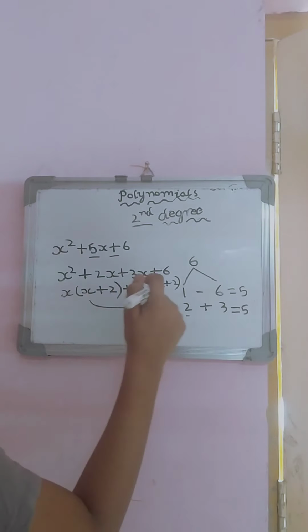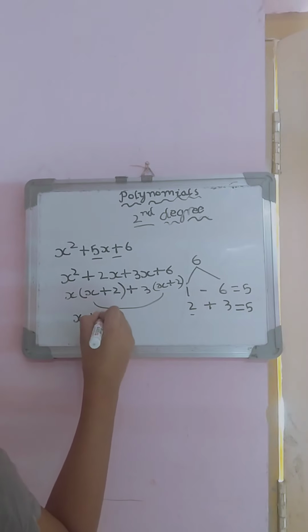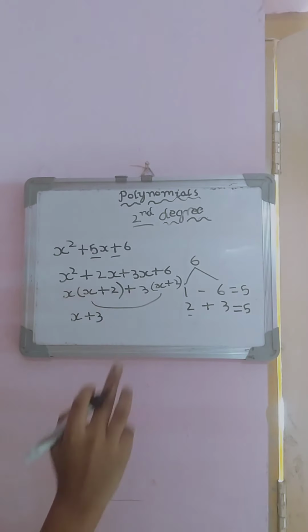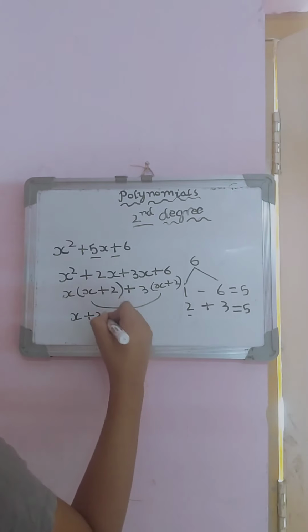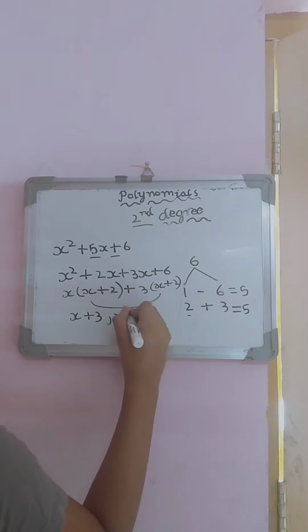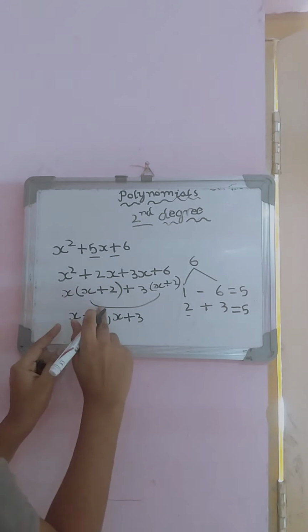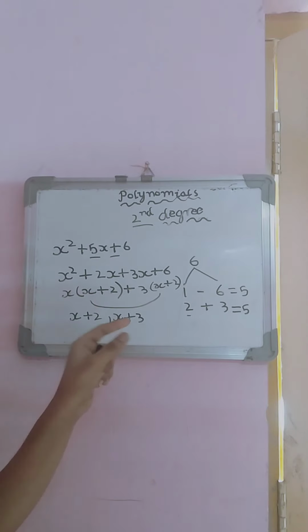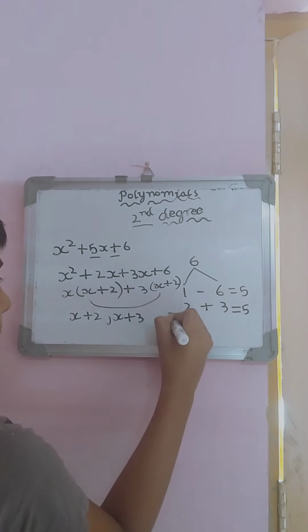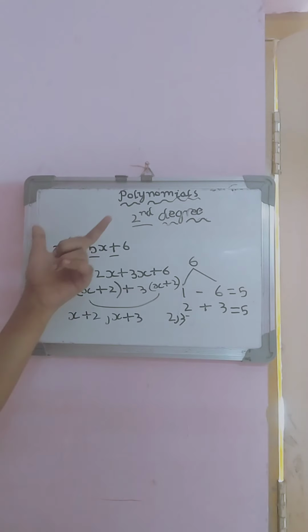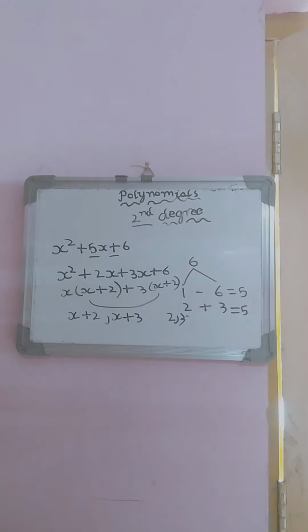So in these two we take x plus 3 common, and the remaining is x plus 2. So these are the factors: x plus 2 and x plus 3.